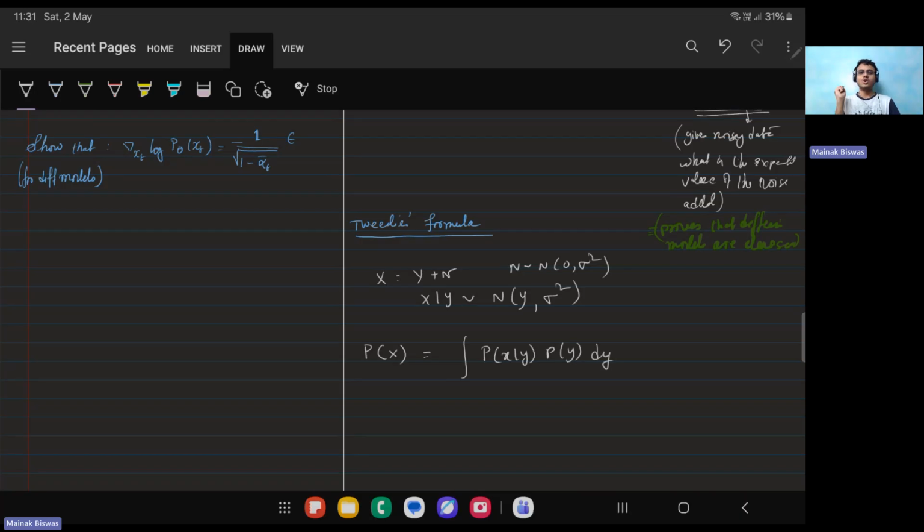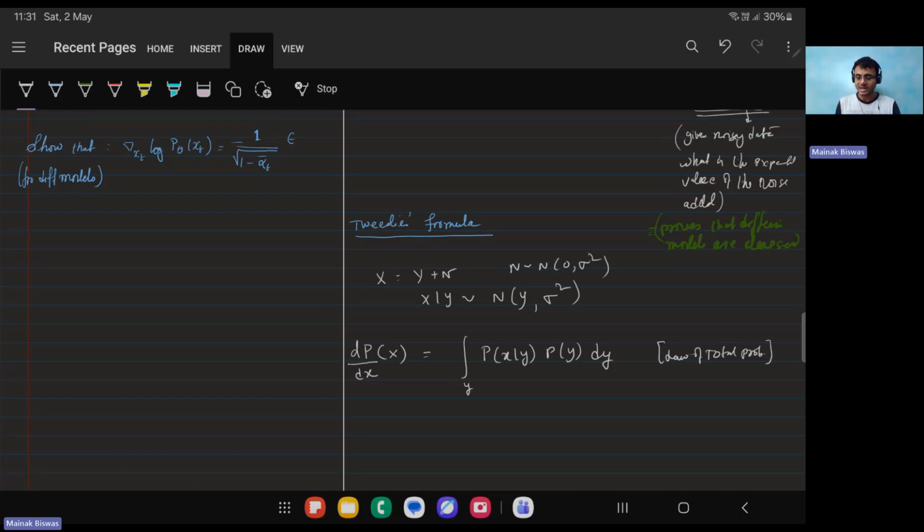So clearly, by the law of total probability, I can write this, right? Now what I'll do is, see, this integral is over y, isn't it? So I can take a derivative with respect to x, or a gradient with respect to x.